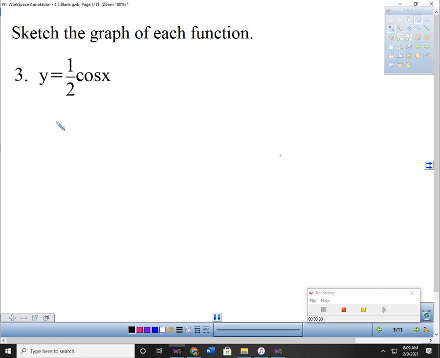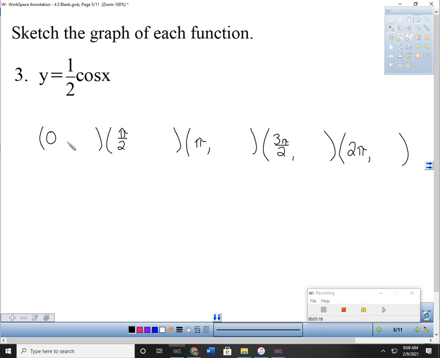The first thing that you're going to do is think about where your points normally are. Okay? So we have 5 key points. The first one is when x is 0, and then pi over 2, and then pi, 3 pi over 2, and then 2 pi.